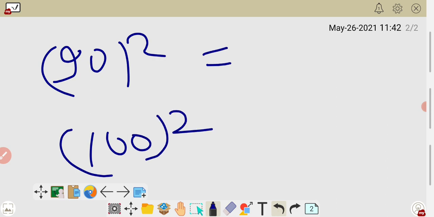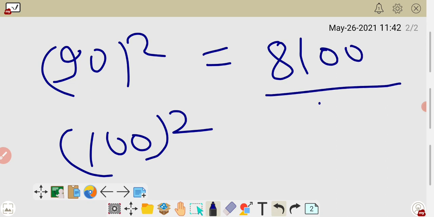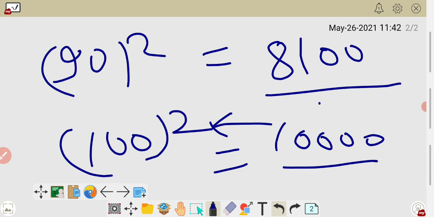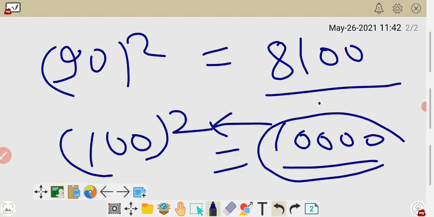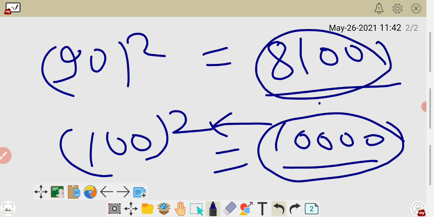In 90 you have 9 times 9 is 81, then double zero you have to put, and when you add some term, it becomes difficult. When you square 100, then simply 10000 you have to write, so it is very easy. And when you add or subtract with 0s, it becomes very easy, but if some other term is there, it becomes difficult. So both are correct, but you should always prefer 100.